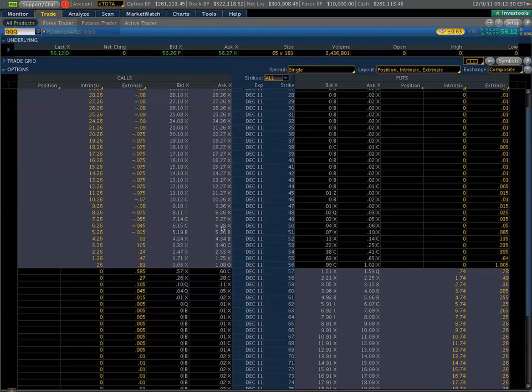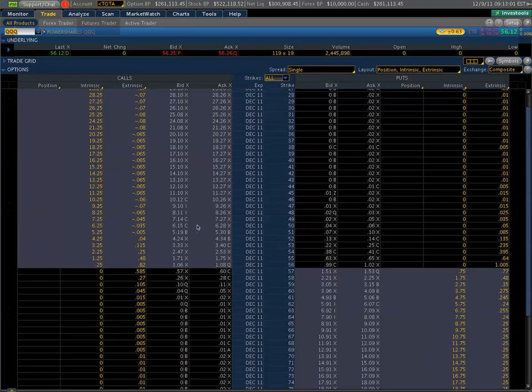The current price of $56.12 minus the strike price of 50 gives you an intrinsic value, or real value, of $6.12. Now you can see that the 50 strike price call is actually selling for more than $6.12.